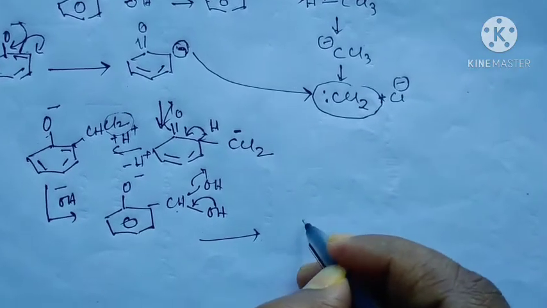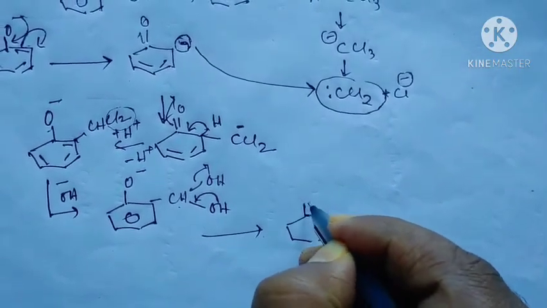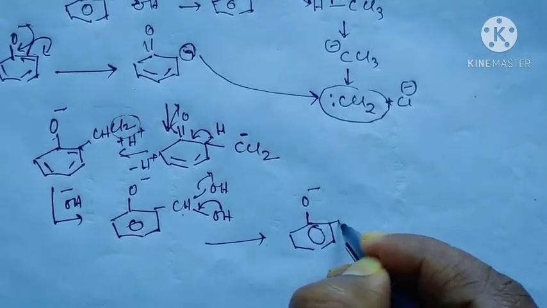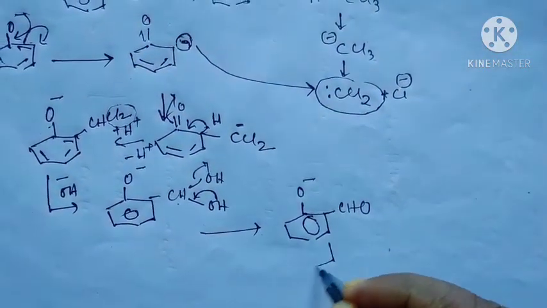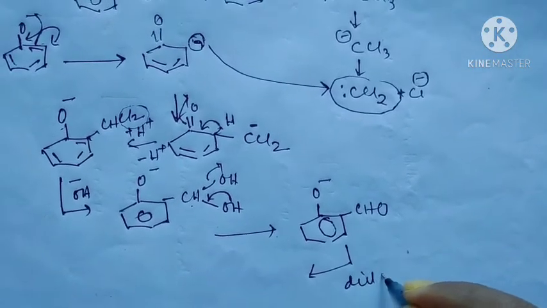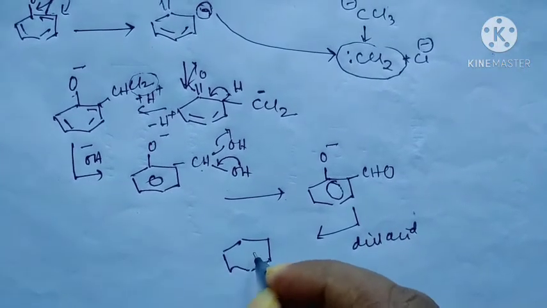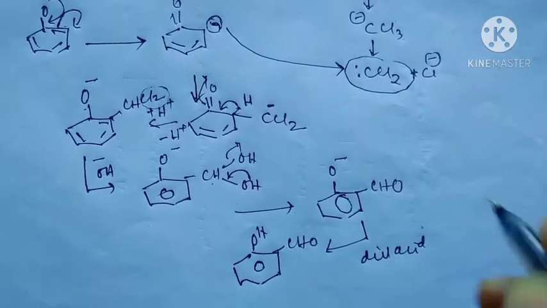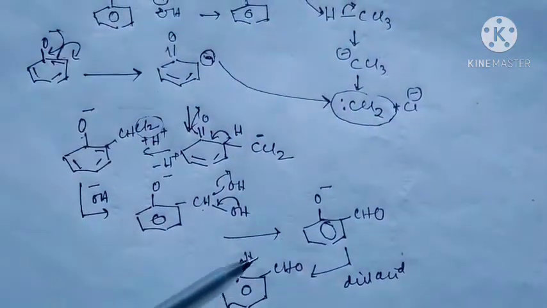Okay, and when it gets rid of water, it forms this, you can see. Okay, then in presence of dilute acid, it transforms into OH and CHO, and this is how the ortho position gets attacked by the CHO.